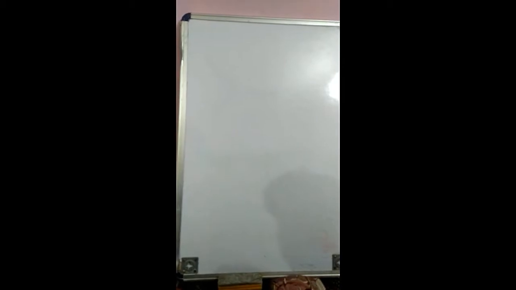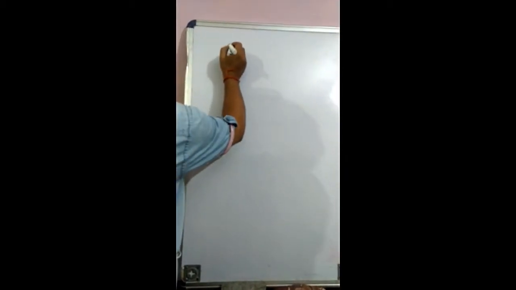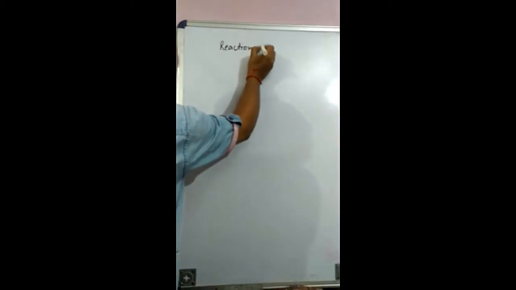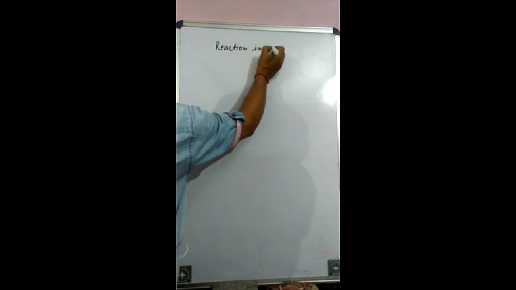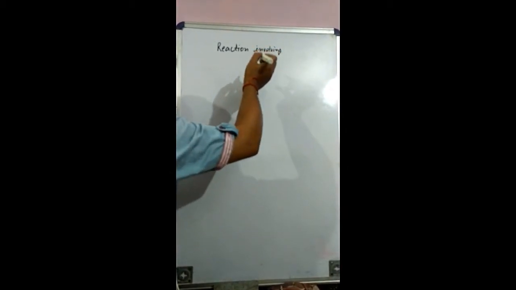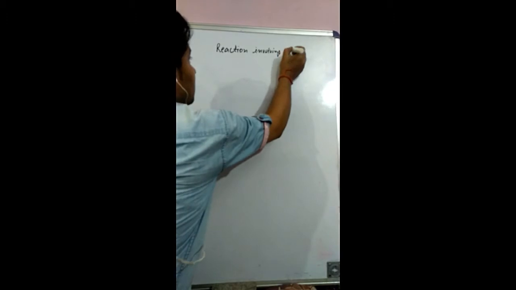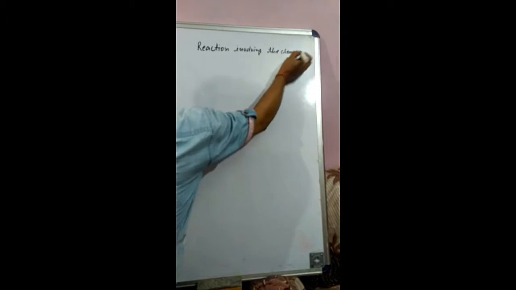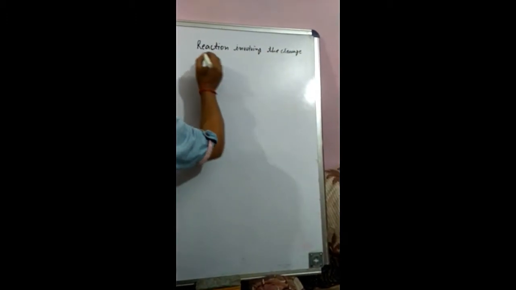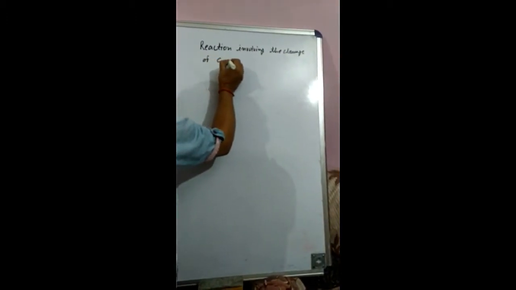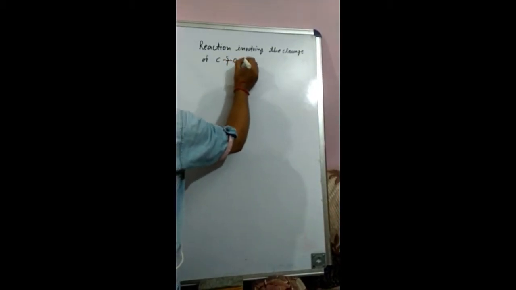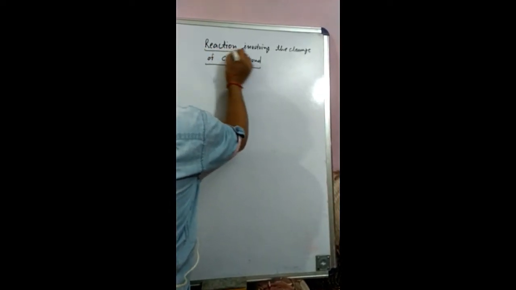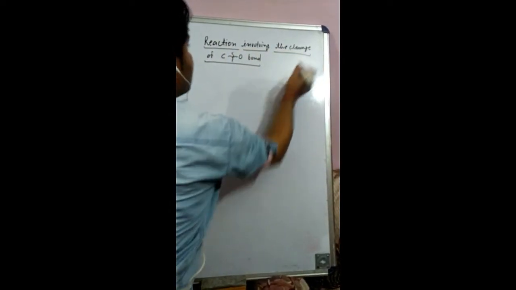Today I will discuss the chemical properties, a reaction involving the cleavage of the carbon oxygen bond. That means the bond between carbon and oxygen will split up.